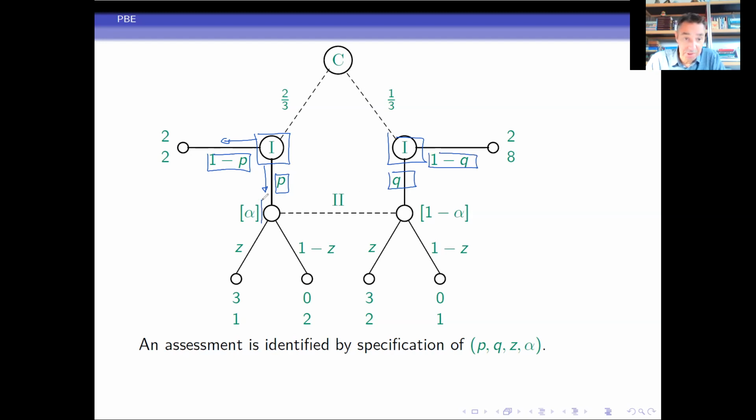Also in the same way over here, in this information set, so this is a non-singleton information set, you can do the same. There's a choice between left and right for player 2. He's allowed to choose left with a certain probability, called Z over here.